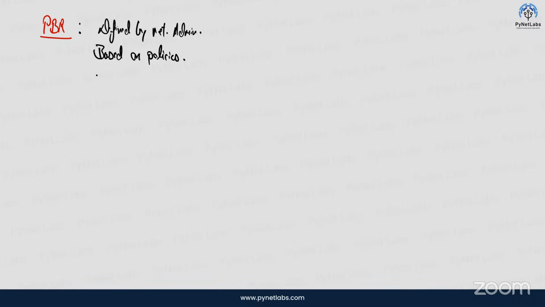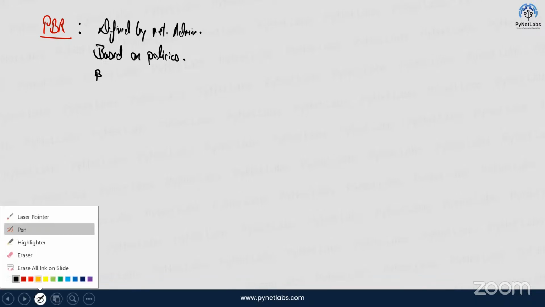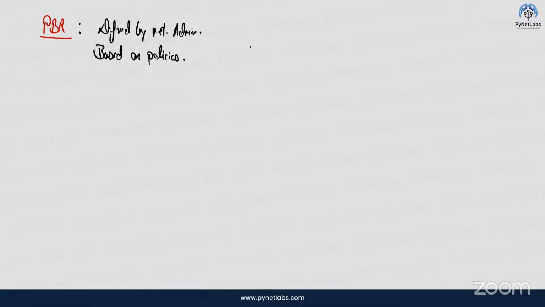So I'll mention the same point: PBR allows you to override the traditional routing table.